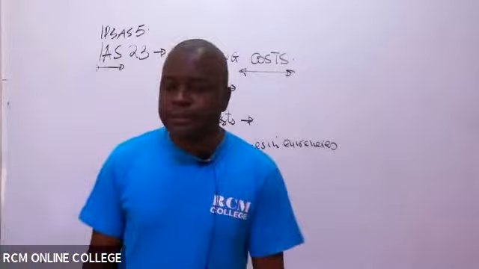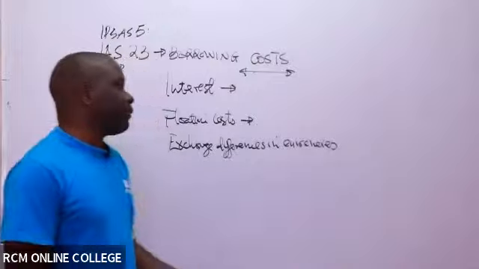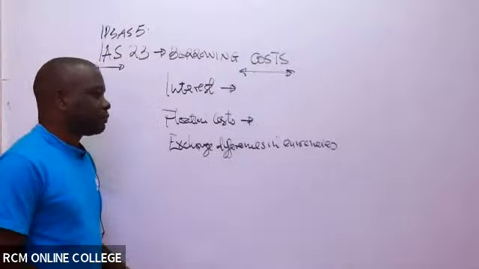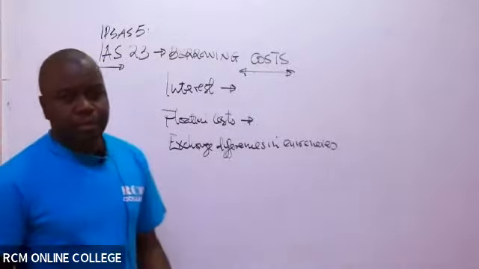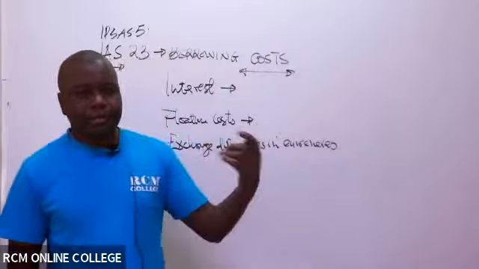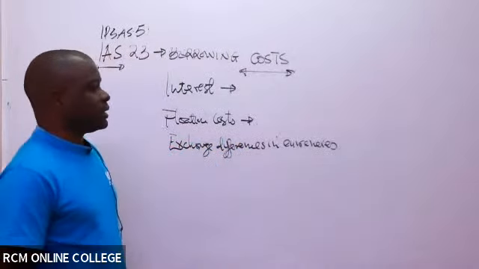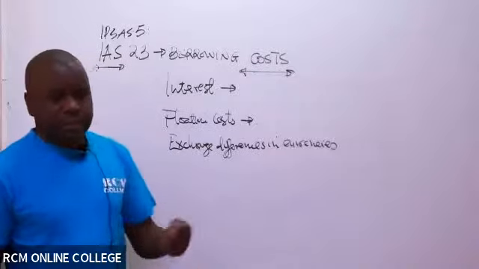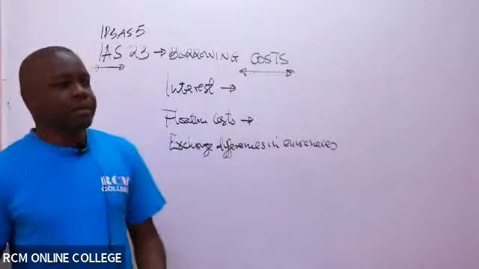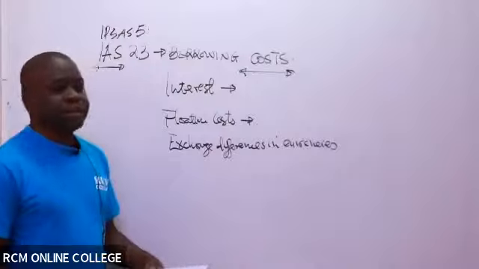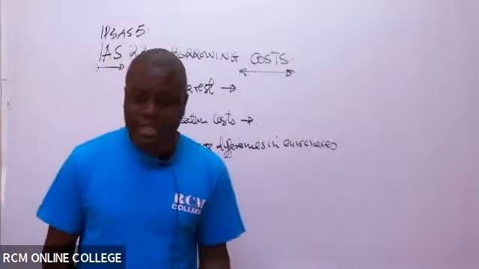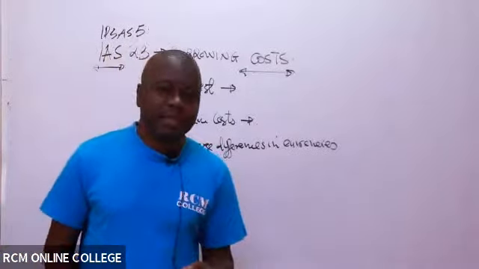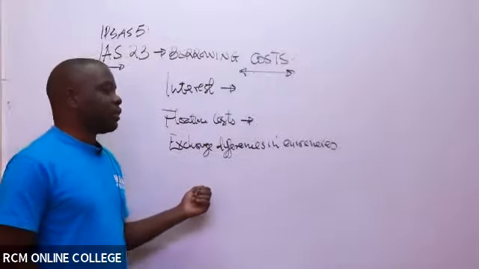For example, there was this debate here where we are told that we borrowed the Eurobond a number of years back, but this time the dollar went really up. So the government tells us they are spending more in servicing the Eurobond. It is because the Kenyan shilling has weakened.